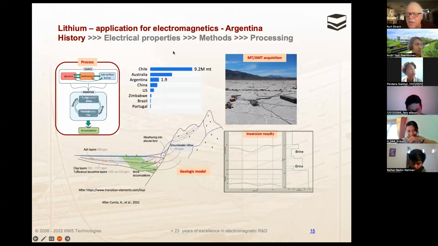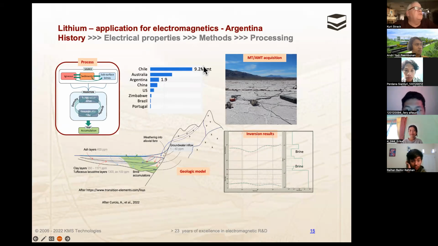This is the application for so-called special minerals. They're called special minerals because they are important for the green applications. And we are talking about lithium, but also other minerals. And here is a picture from Argentina.